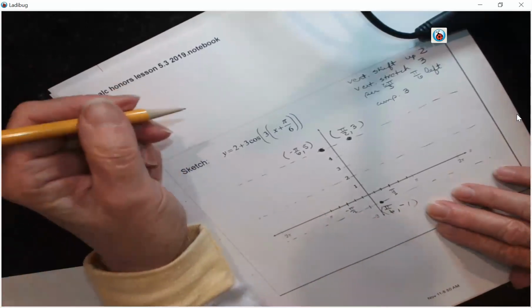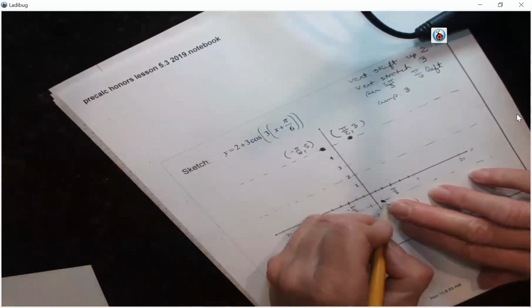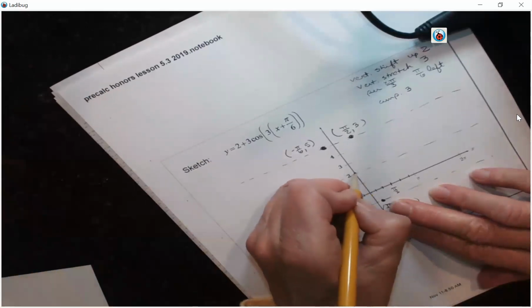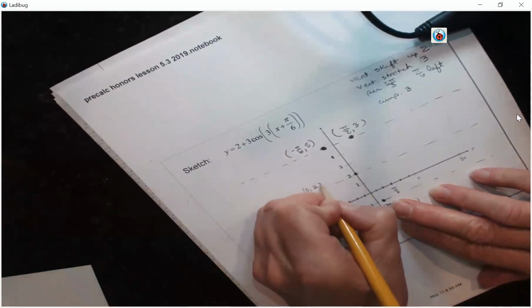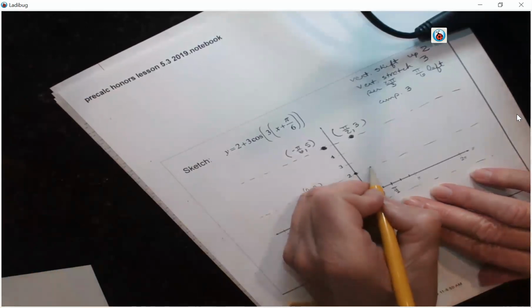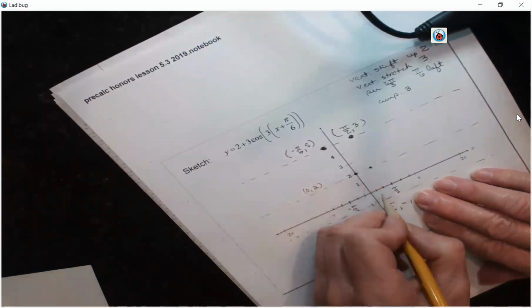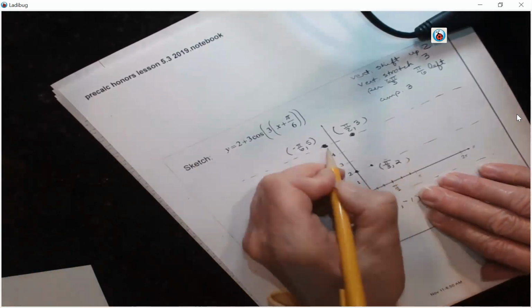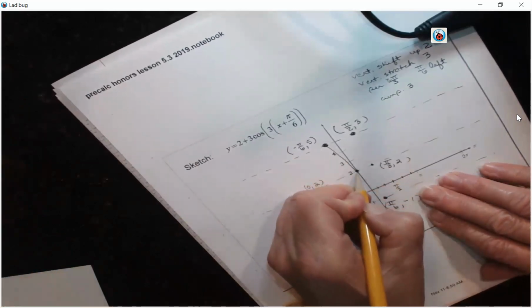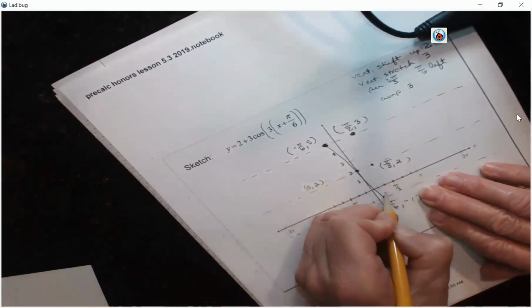Where are the intercepts? Halfway between a max and a min, there's one at the point 0, 2, and there's another one at 2 of these tick marks, 2 pi over 6, which is pi over 3, 2. So it looks kind of like that.